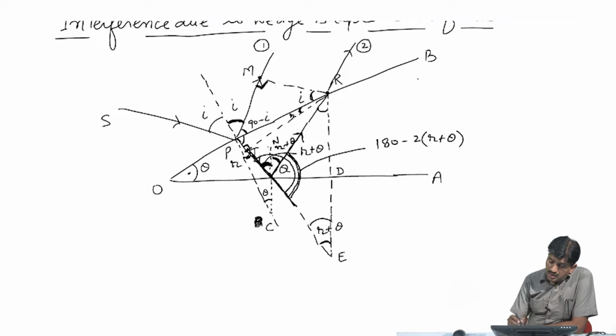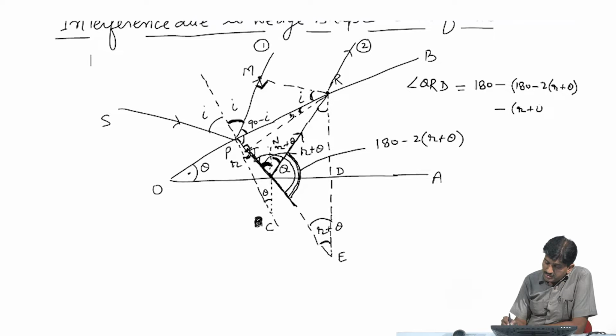It means if I want to determine angle QRD, it should be 180 minus (180 minus 2(R plus theta)) minus (R plus theta), or we can say 180 degrees minus 180 degrees plus 2(R plus theta) minus (R plus theta).